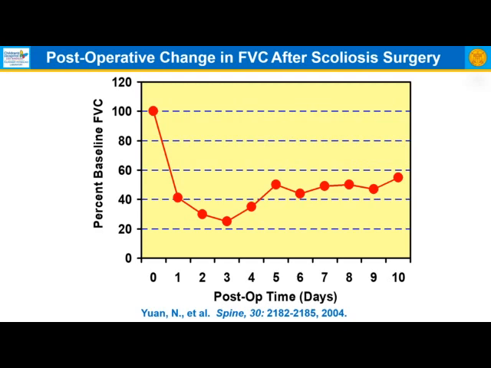If 100% is the pre-op value, by the first 5 days or so, forced vital capacity is actually less than 40% of the pre-op value, and it moves up, but by 10 days it's still only slightly greater than half.